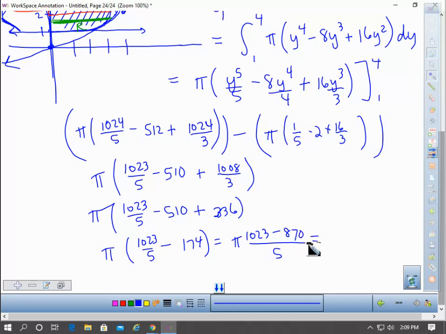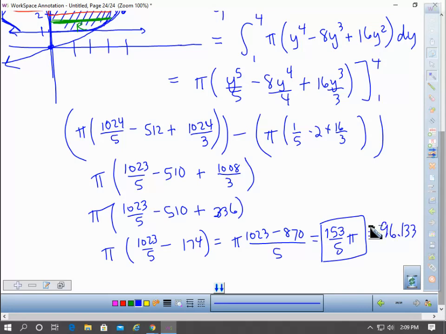So my answer is 1023 minus 870, 153. So 153 fifths times pi. Woohoo, that's the correct answer. All right, and so if you math 9 that answer, it is 96.133.